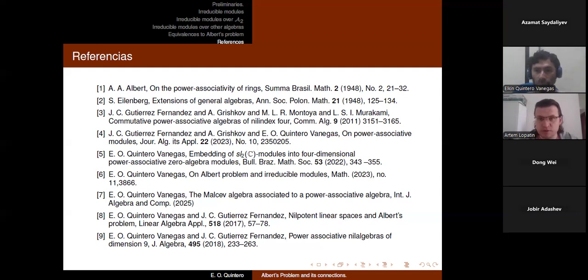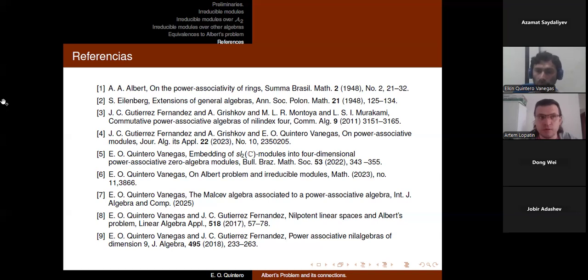Yes, but I mean in some cases, for some fields, the Albert problem doesn't hold, yes? And so in this case, we still don't have an example of a nil power-associative commutative algebra which is simple. Until now, we don't know one example of that algebra.